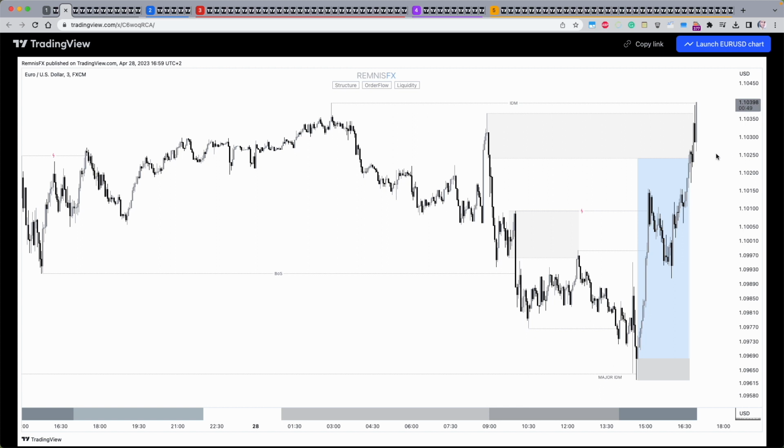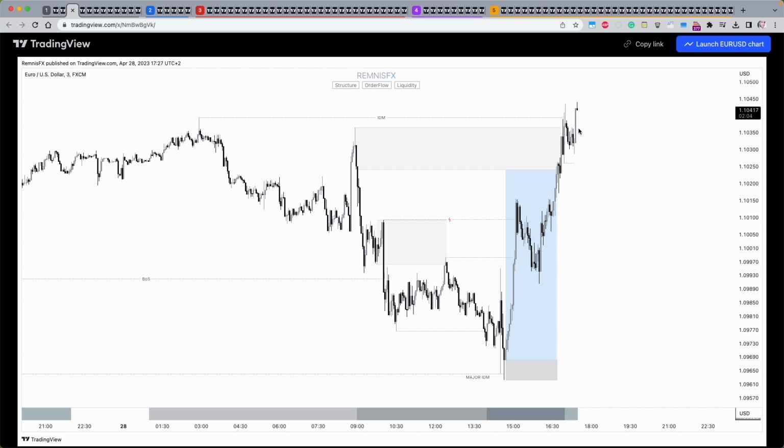So what I did was monitor the price, and at this point I noticed, okay, we have indeed taken out the liquidity of our major inducement here. And obviously it only wicked through and all the candles closed below it. So that was for me just not enough confirmation.